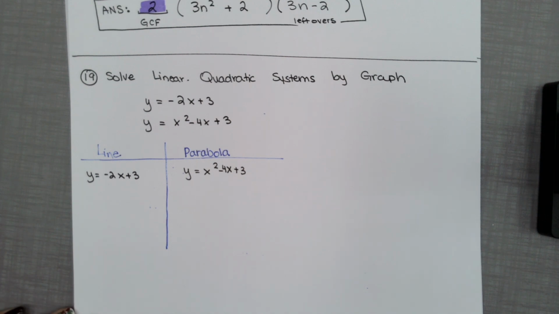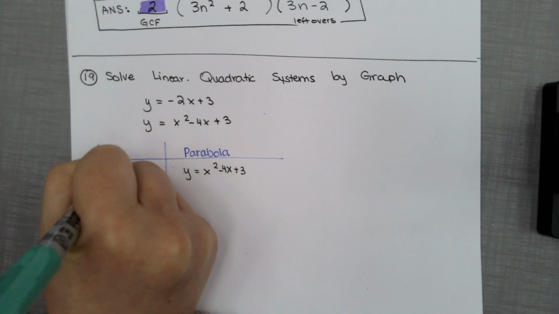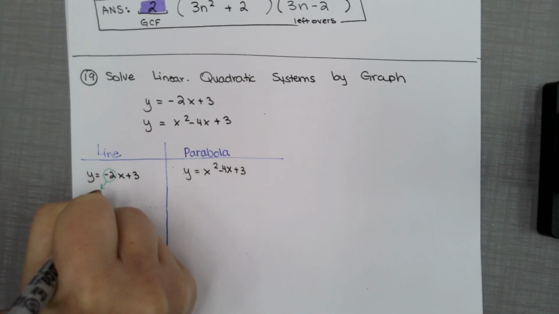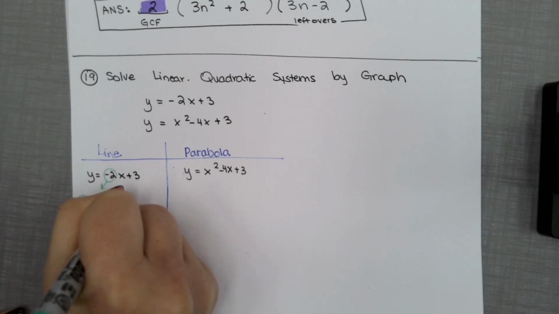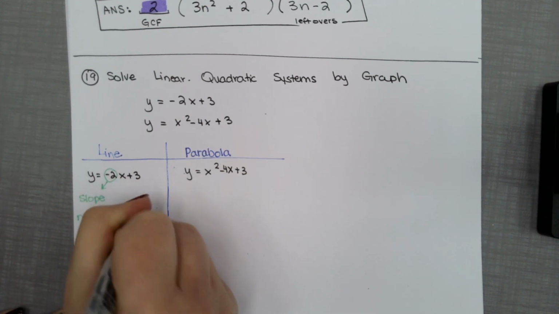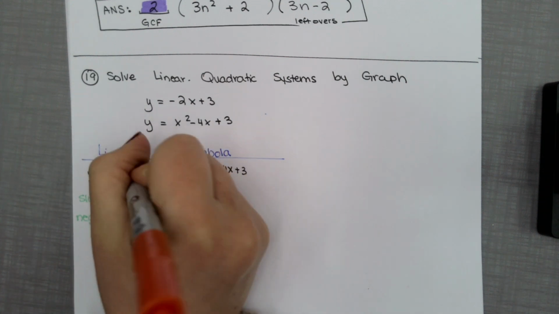For your line, you're going to have a slope and a y-intercept. Our slope here is negative 2 over 1, which means we're going to go up and to the left. The y-intercept is 0, 3.